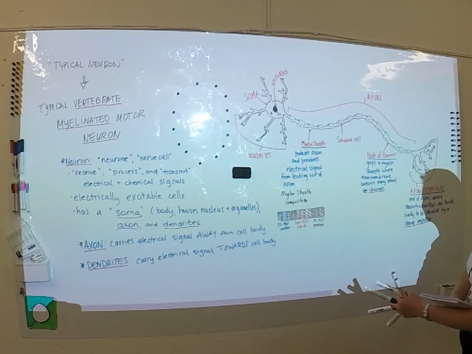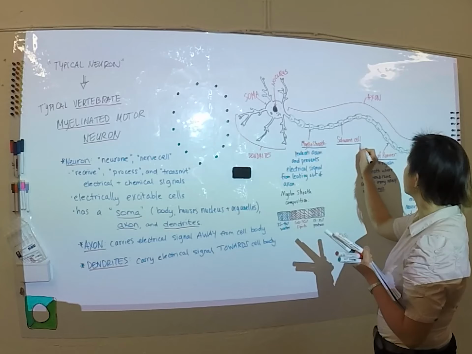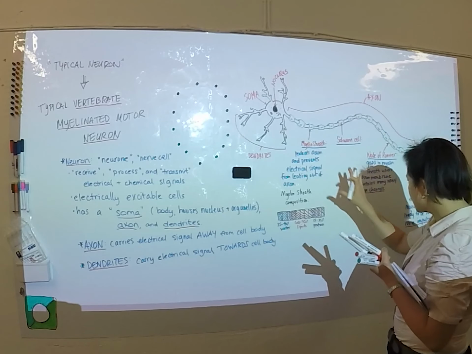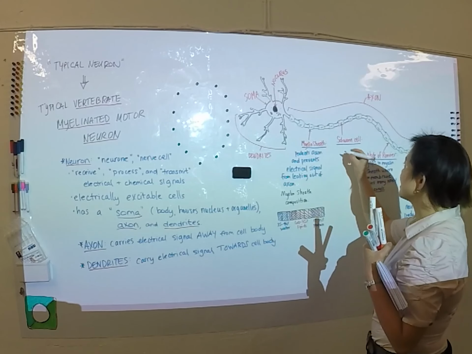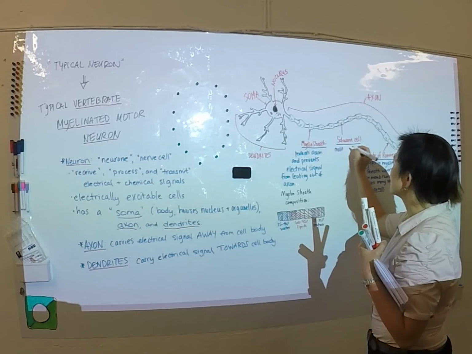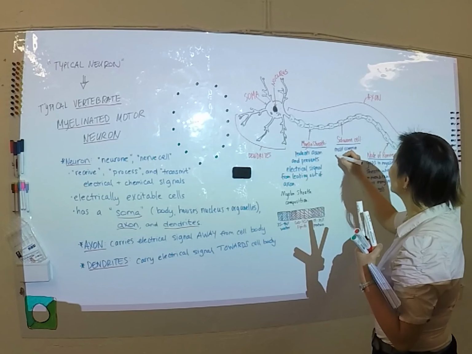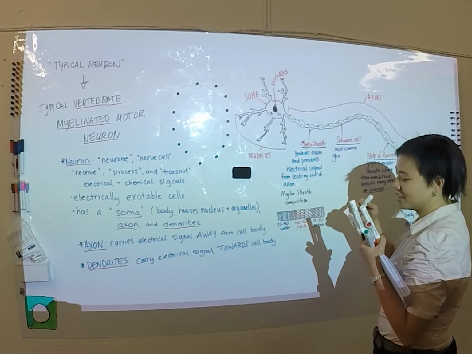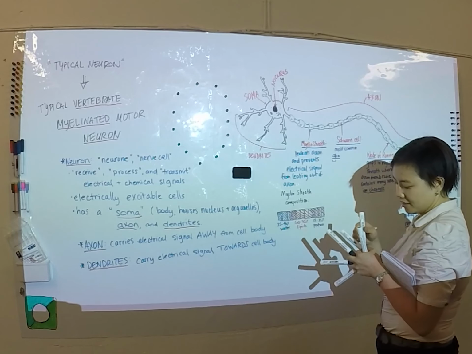All right, so really quickly, we're going to define Schwann cell. I'm going to use a different color just because we're starting to get a little busy. So Schwann cells are the most common glia. Here's a new word. Glia.